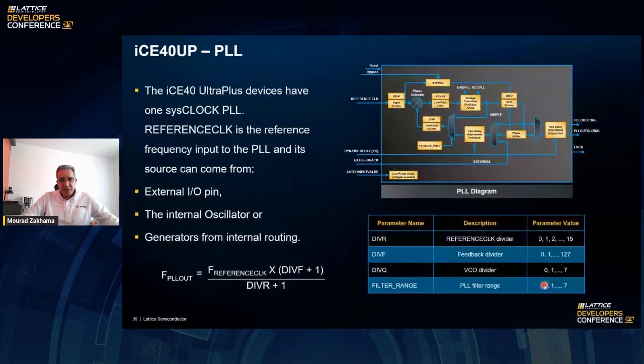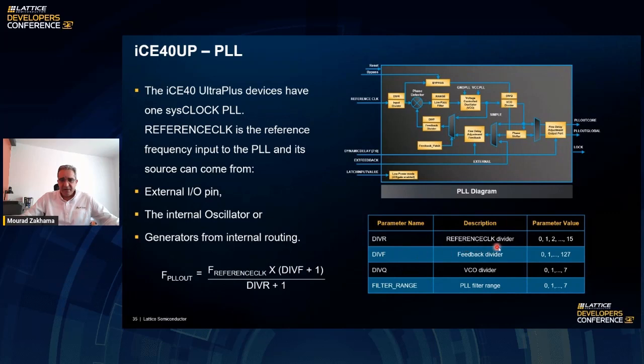The PLLs. There are multiple PLLs in the fabric, and these could be used to synthesize clocks from one main clock. So you have your reference clock input that will get into the PLL. It's a VCO-based PLL, and you have multiple dividers that will be used to calibrate or change the VCO and generate the required frequency on the output. Just to simplify things, there is a DIVR, DIVF, and DIVQ.